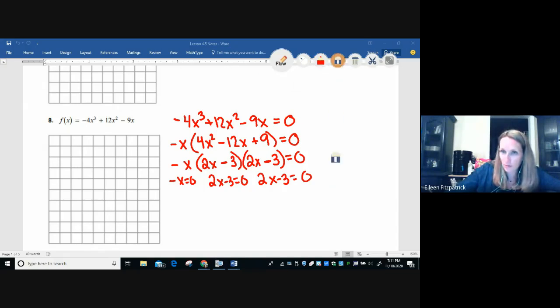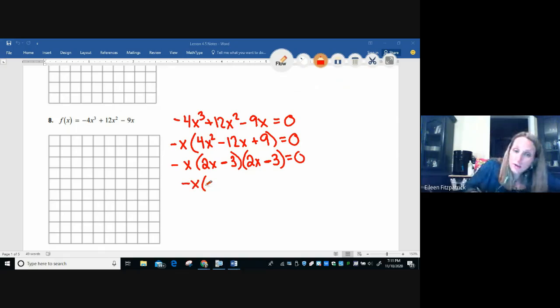It's perfectly fine. But for the whole touch pass scenario, I want to actually write this a little bit differently. Notice how these 2 binomials match perfectly. 2x minus 3, 2x minus 3. So I can rewrite that as 2x minus 3 squared equals 0. That's going to help with knowing if we're supposed to pass or touch.